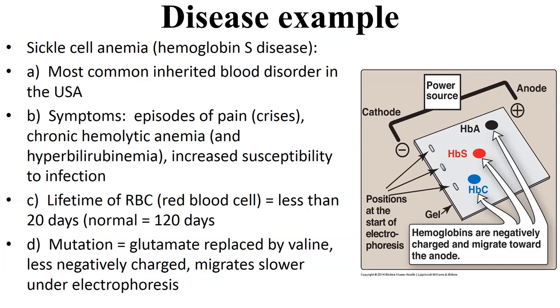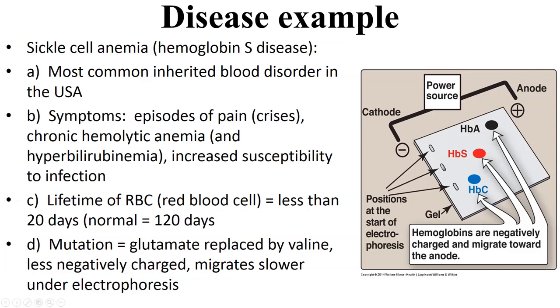Okay, and hopefully I'll explain that as we go through if I didn't make it clear. But if you understand the why, you've just eliminated a lot of memorization, because then you don't have to memorize, oh, sickle cell causes episodes of pain, causes anemia. If you know what's going on, you don't have to memorize it. It'll be logical, okay?